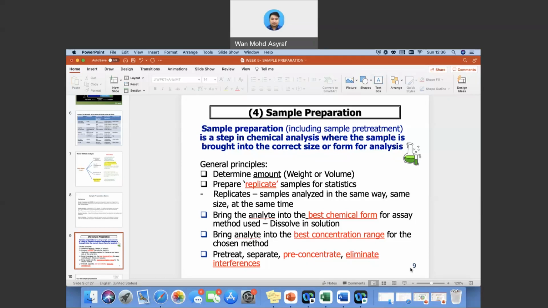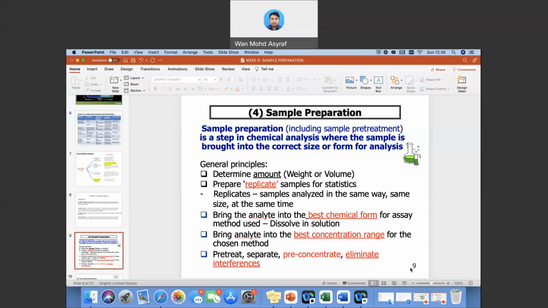And then you also need to have replicate samples. So when you read that you need 10 gram, for example 10 gram from the body of the fish, you don't just prepare 10 gram, you need to prepare at least 30 gram, which is 10, 10, 10. Usually in chemical analysis we have triplicates, or triplicates of the same amount of your sample.